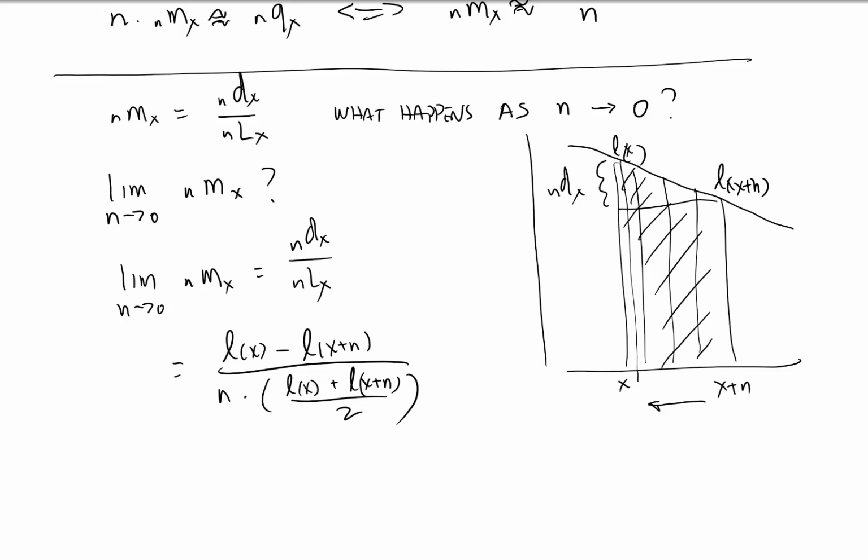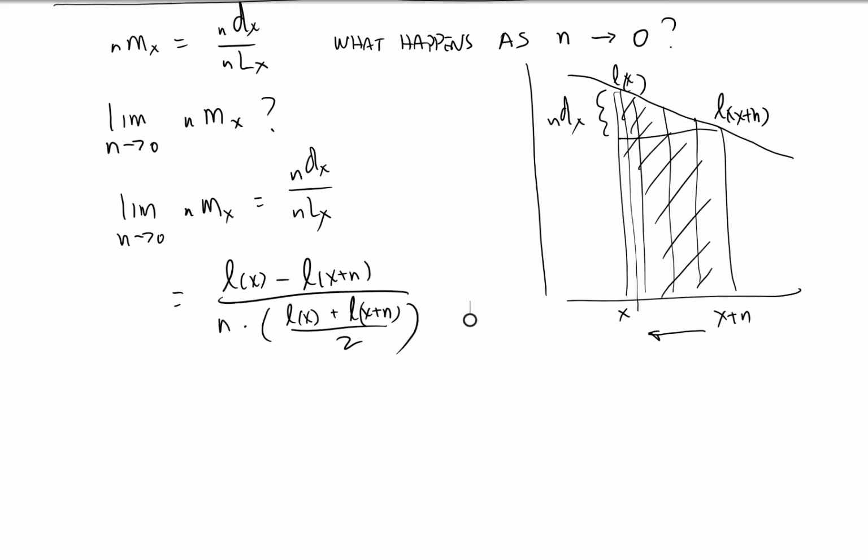And I'm going to rewrite exactly this thing just one more time, in a slightly different way. So the limit of this thing equals the limit as n goes to 0 of this thing.